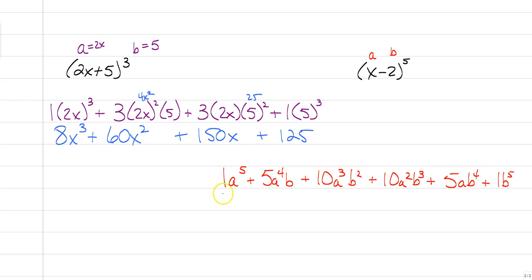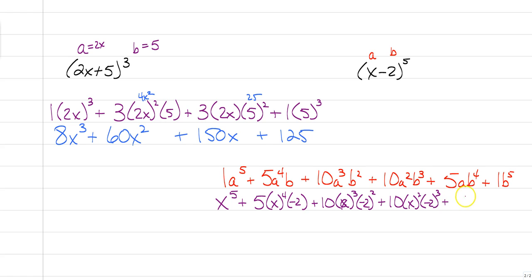So we have 1, and then a is x, so this is just going to be x to the 5th, plus 5 times our a value, which is x to the 4th, times b, which is negative 2, plus 10 times a, which is x cubed, and then b squared, which is negative 2 squared, plus 10 x squared, negative 2 cubed, plus.